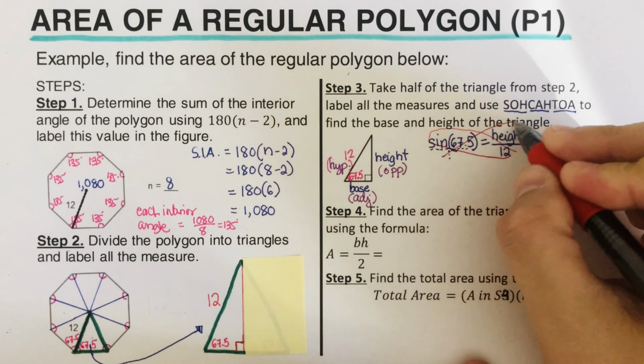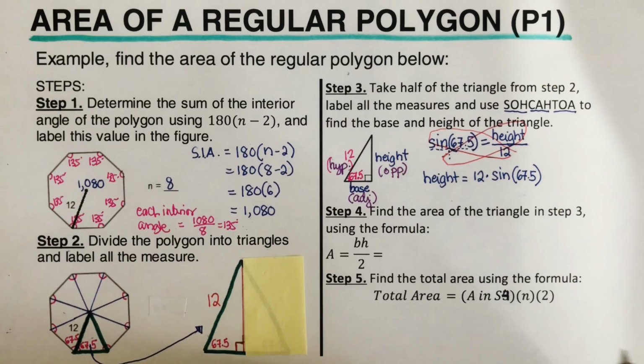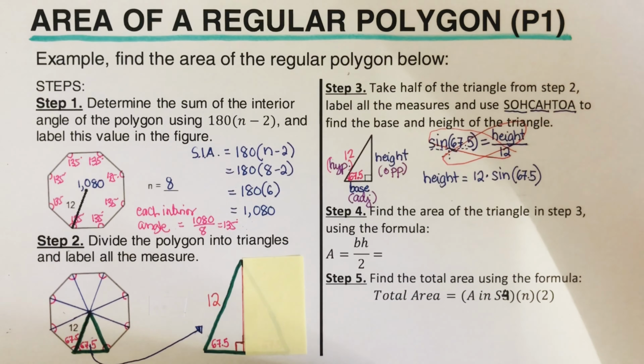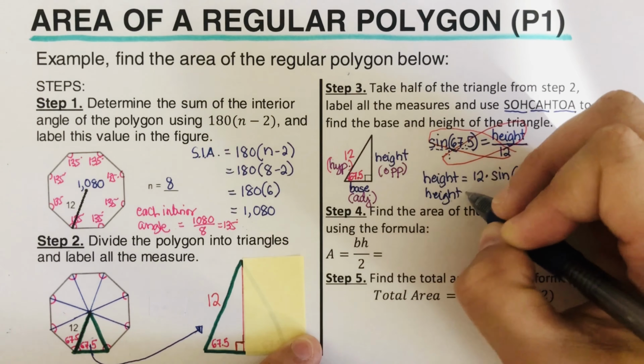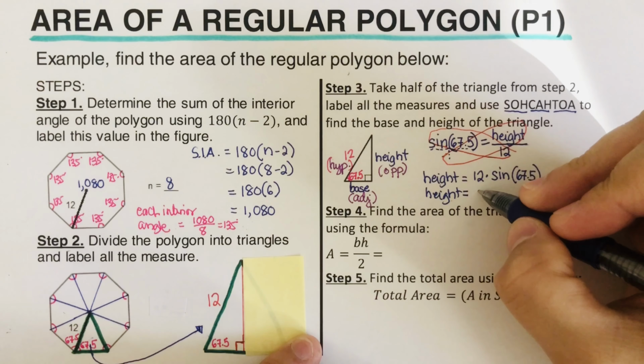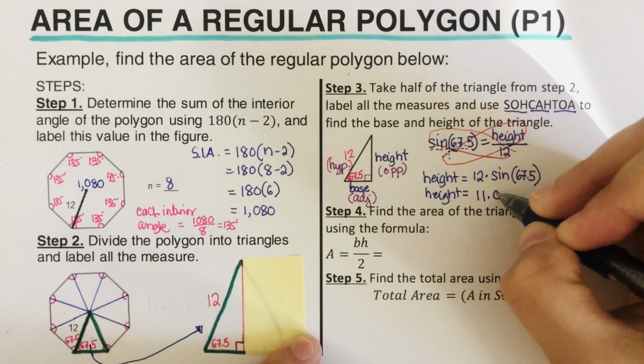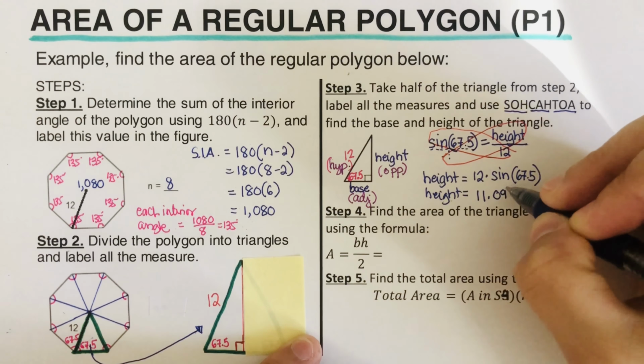So our height is 12 times sine of 67.5. Just a reminder for the calculator, be sure that it is set in degrees. Multiplying these together, our height is 11.09.